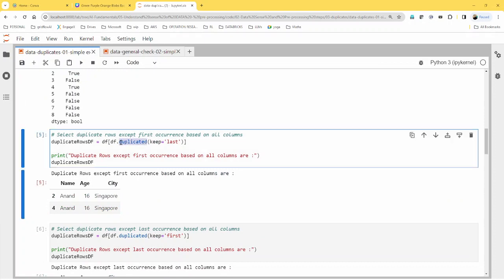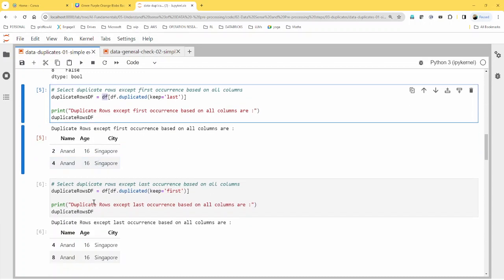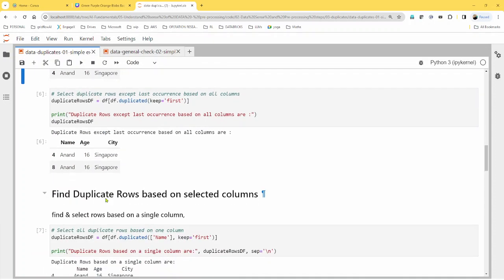The duplicated method is going to return you the index, and those indexes you can pass to the data frame to see which rows are actually duplicate, and here are the rows which are duplicate. In real projects, you're going to look at the row and analyze what would be the next step.